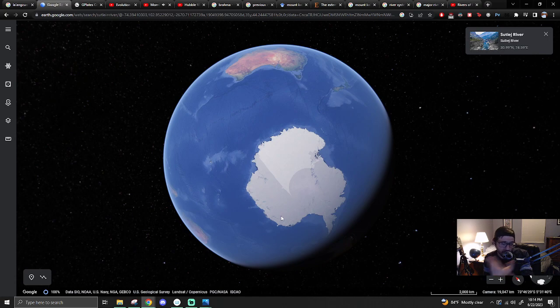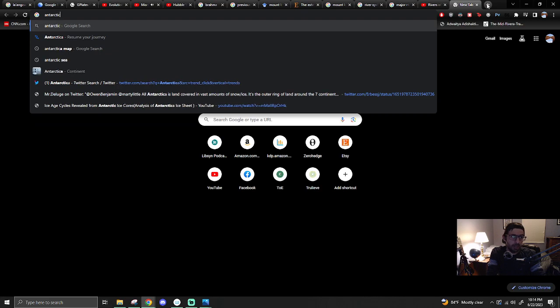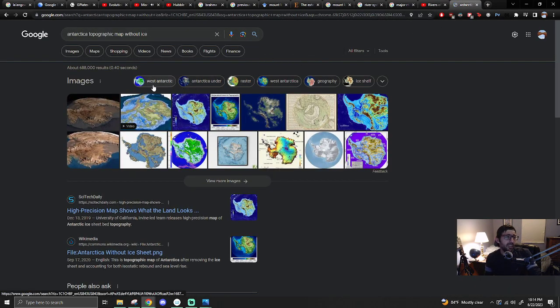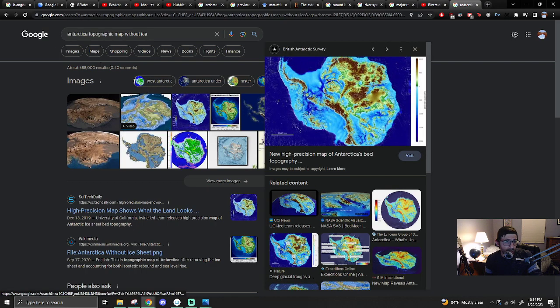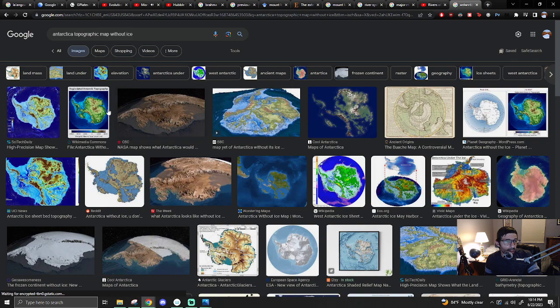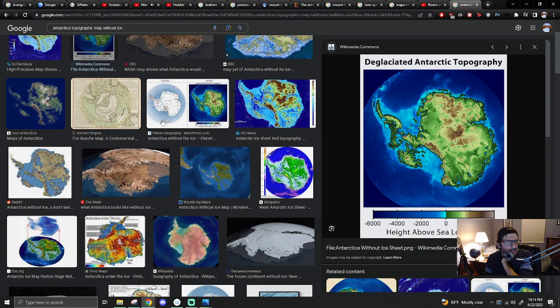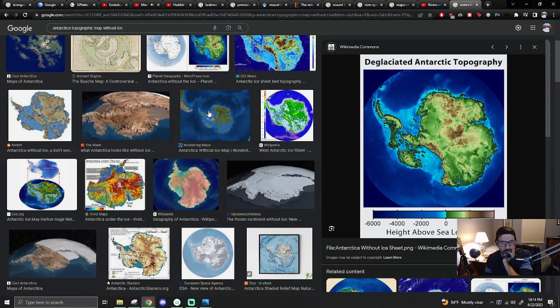It's hard to say because we don't know Antarctica topography without ice. Okay, I've never really looked at this. It's just hard to say.